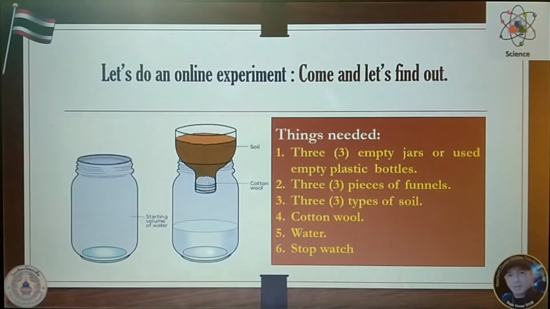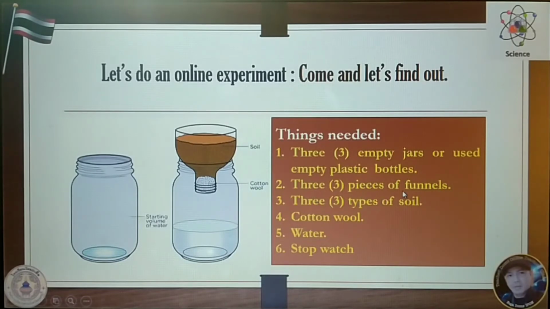Now let's do an online experiment. Come and let's find out. Here are the things needed. Number 1, 3 empty jars or used empty plastic bottles. Number 2, 3 pieces of funnels.